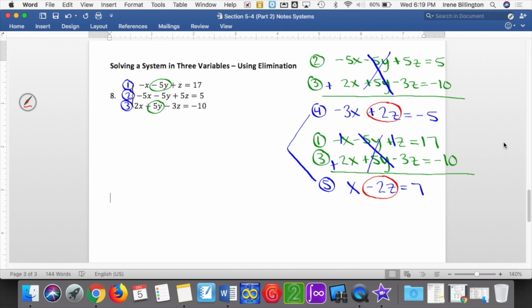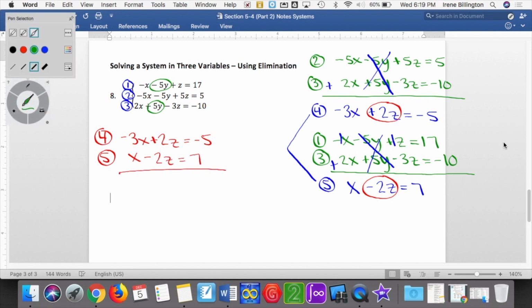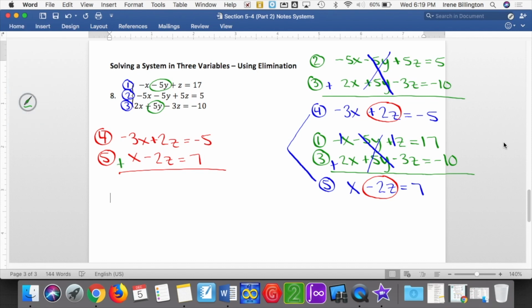So when I use elimination, my z variable is going to cancel. So I am going to stack equation 4 and equation 5. And we are going to add those equations together.